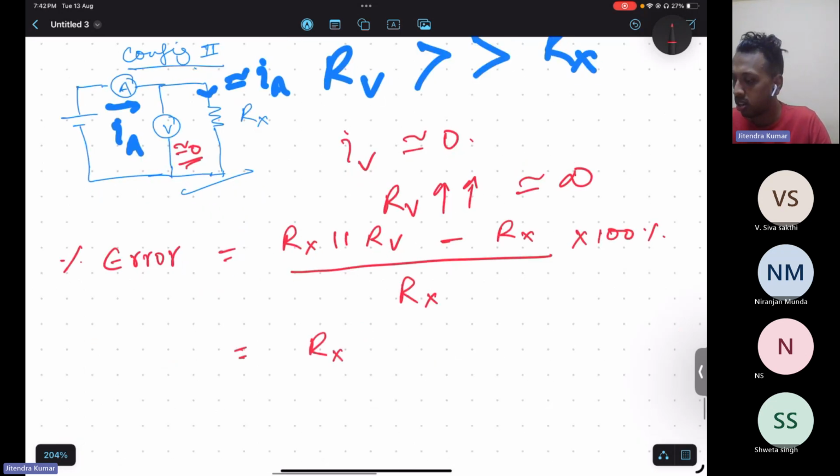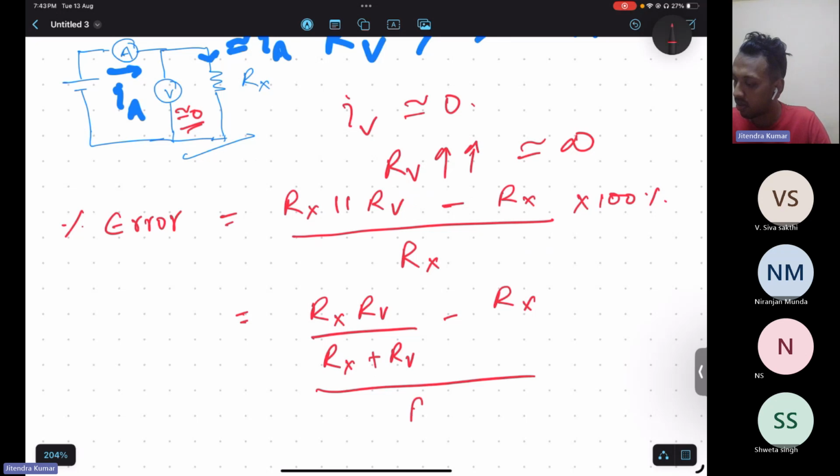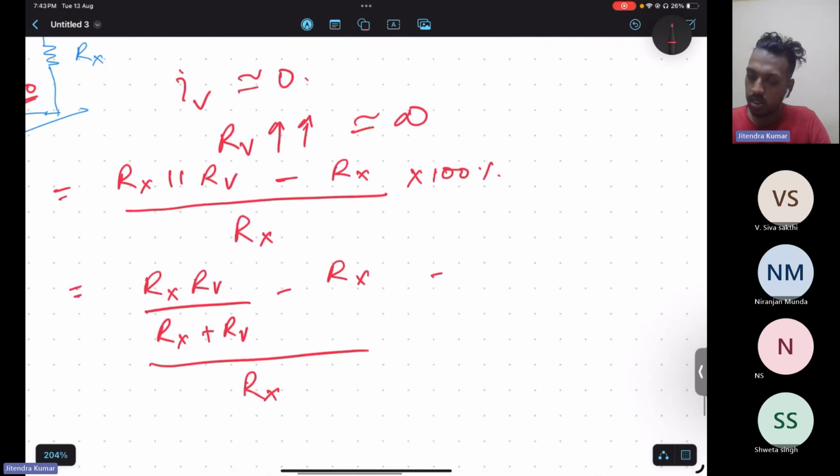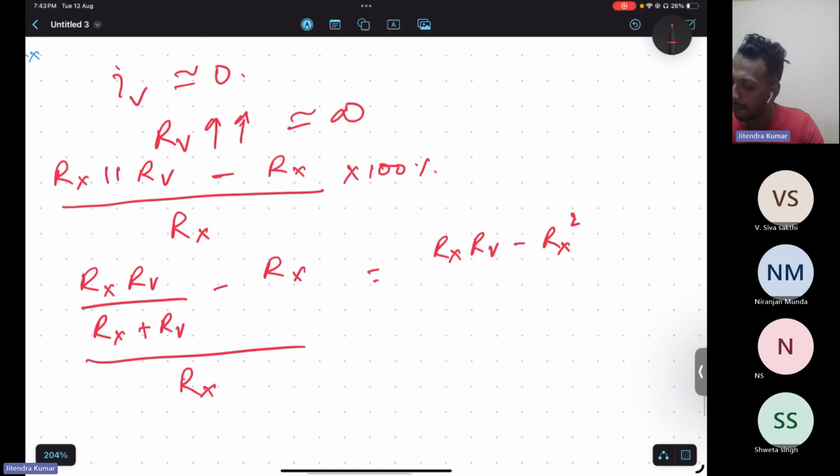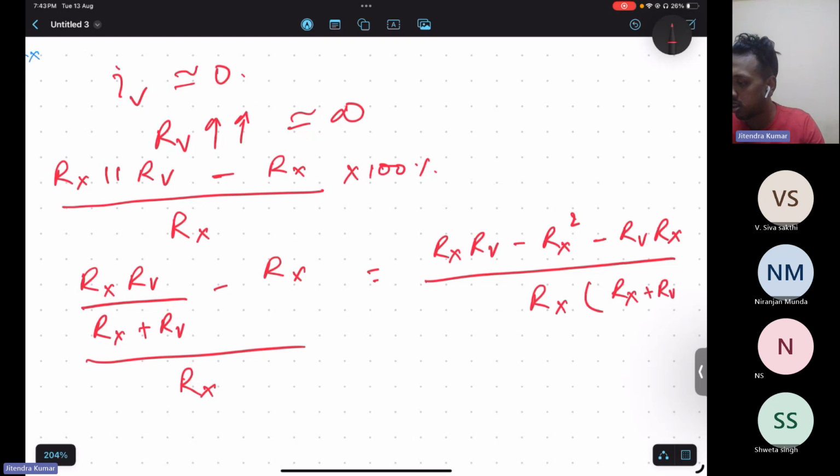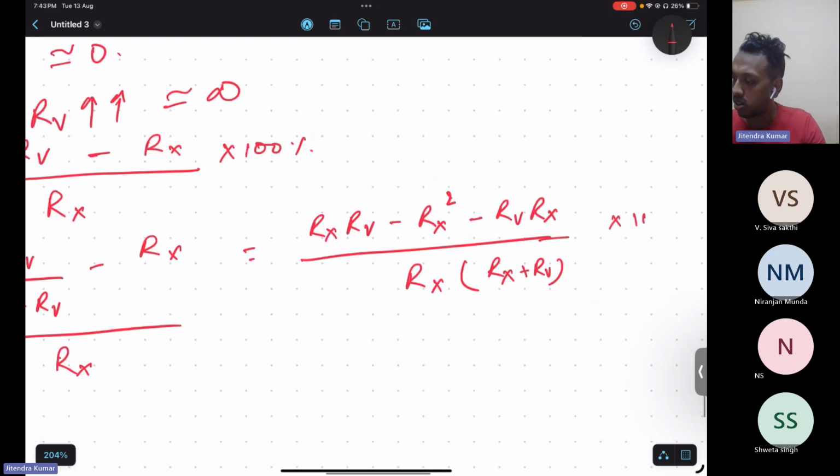So Rx into RV divided by Rx plus RV, minus Rx, divided by Rx, isn't it? So it will be Rx RV minus Rx square minus RV Rx, divided by Rx into Rx plus RV, into 100%.